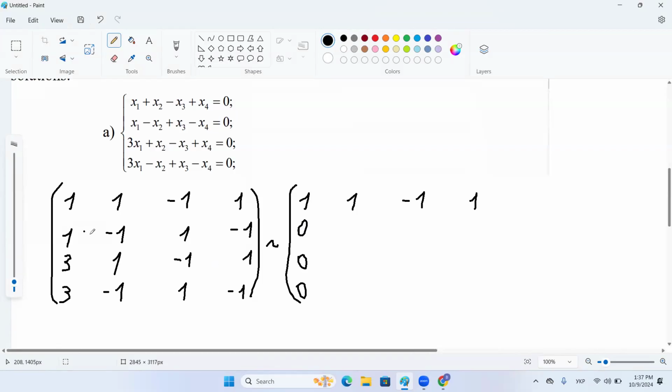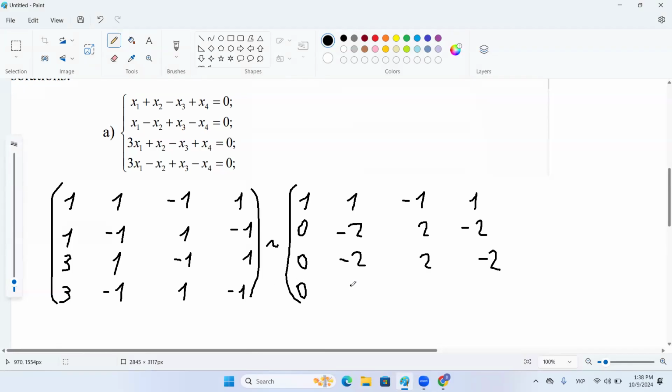And we need to subtract the first row from the second. So here we have -2, 2, and -2. And from this row we must subtract the first row multiplied by 3. -2, 2, -2.